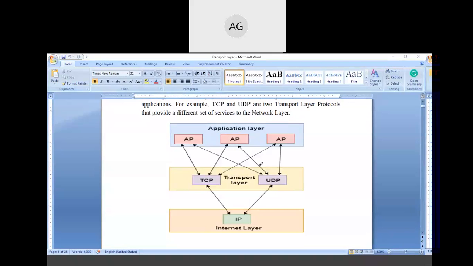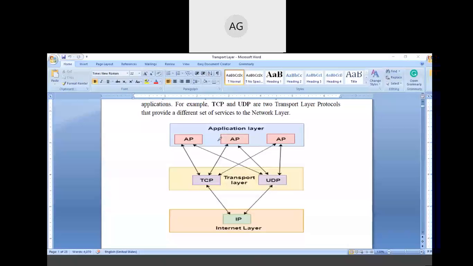As we already studied in unit 2, there are many application services, like the email services and the file transfer protocol services, and these are present in the application layer. These services interact with the transport layer, and the transport layer consists of two protocols, namely TCP, the transmission control protocol, and the user datagram protocol.